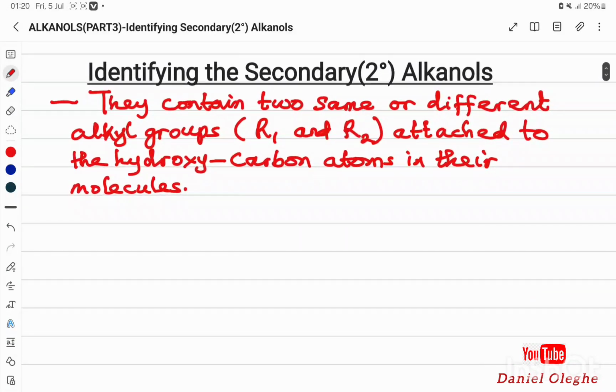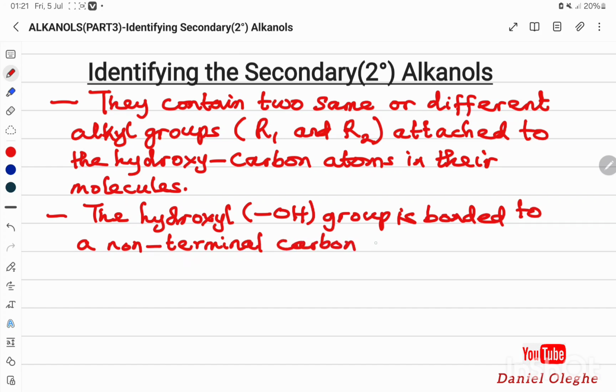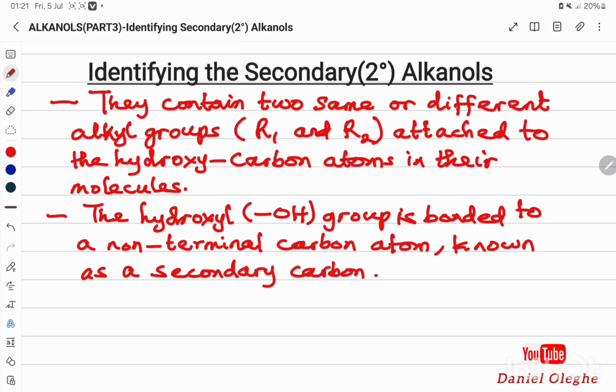Also, secondary alkanols are alkanols in which the hydroxy group, that's the OH, is attached or bonded to a non-terminal carbon atom in their molecule, which is also known as a secondary carbon in the carbon chain.